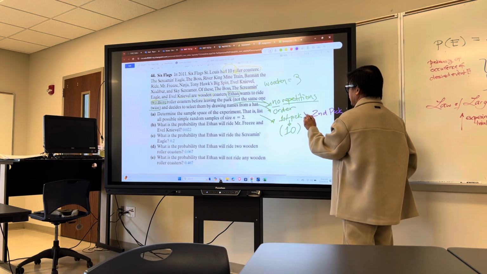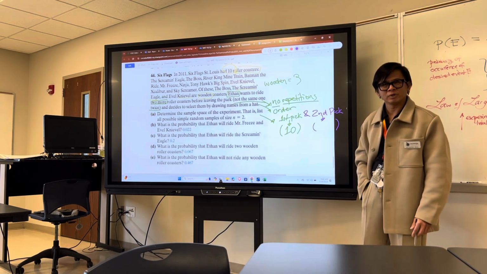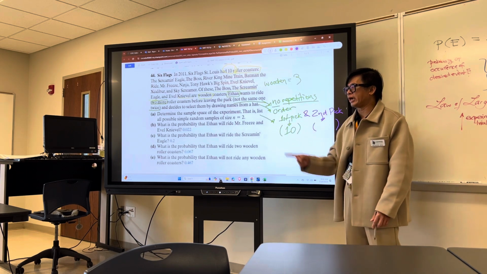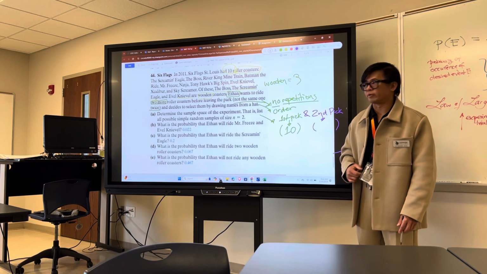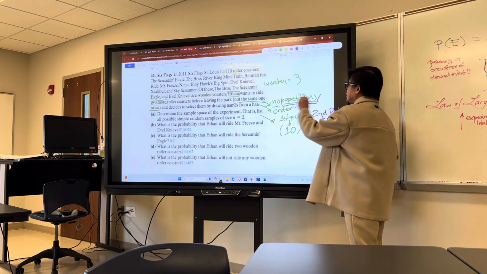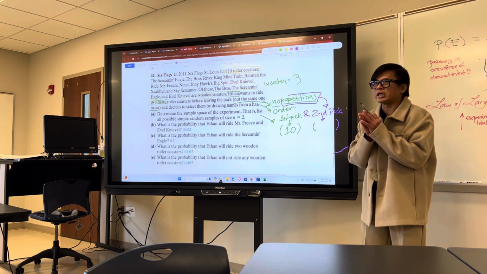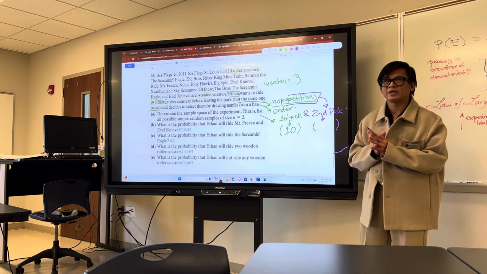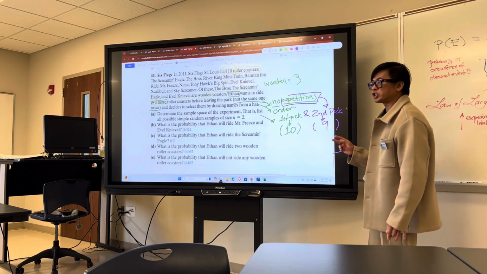These 2 conditions must be satisfied. Since you already picked 1, whatever you picked first cannot repeat anymore. Again, it says no repetitions. How many remaining roller coasters do you have left? 9.